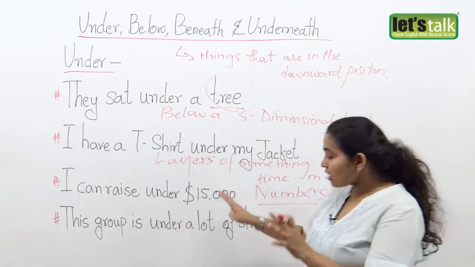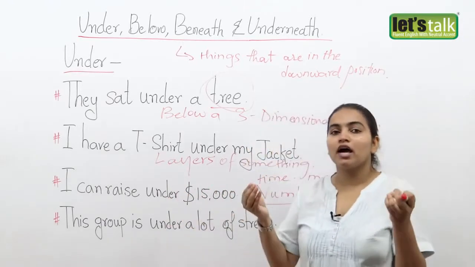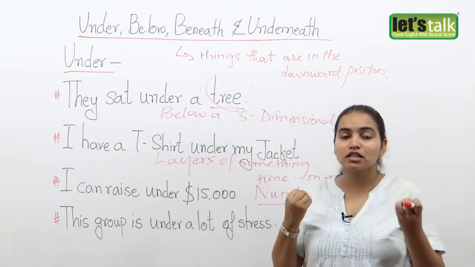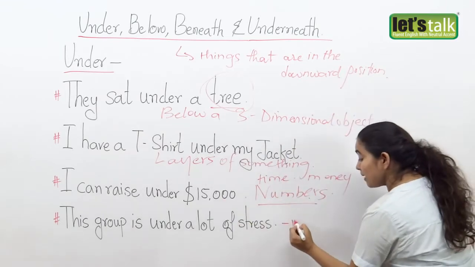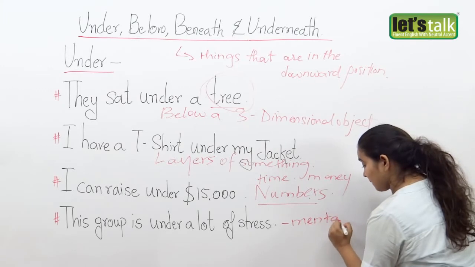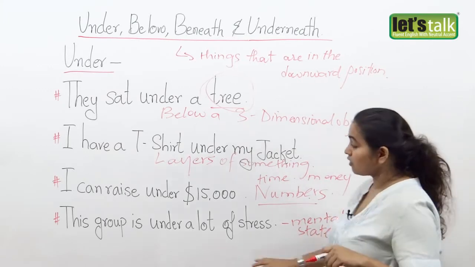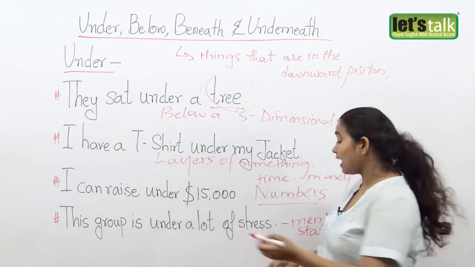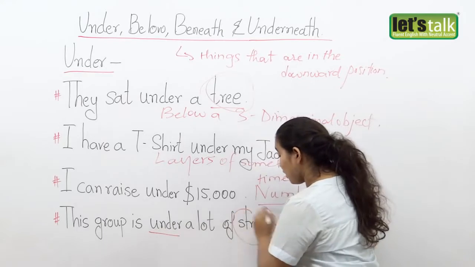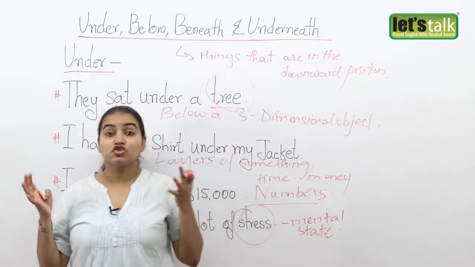And the last context where you use the word under is to talk about a state of mental well-being or ill-being. So it talks about your mental state. So I can say that this group is under a lot of stress. Now, my mental state in this case is stress.